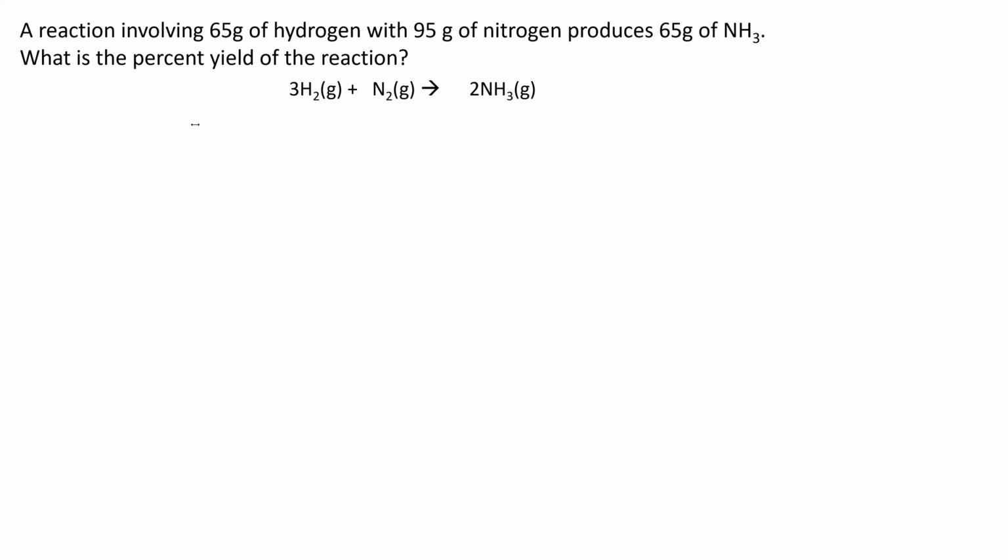So again, percent yield is actual over theoretical times 100. Now from the problem, we know that the actual yield is 65 grams of ammonia.